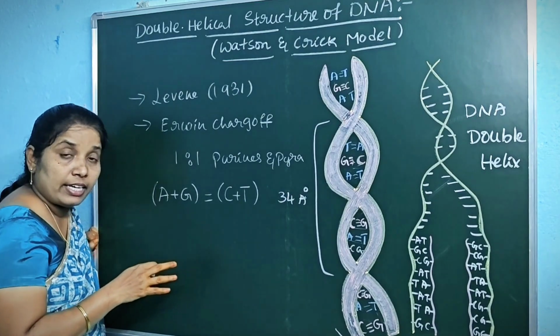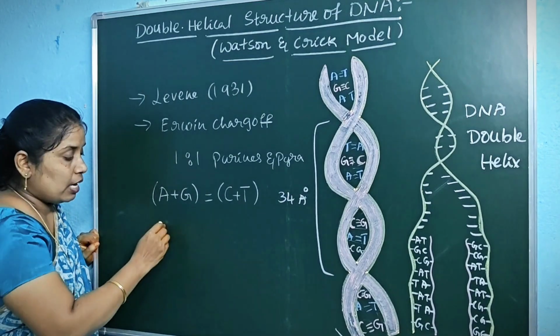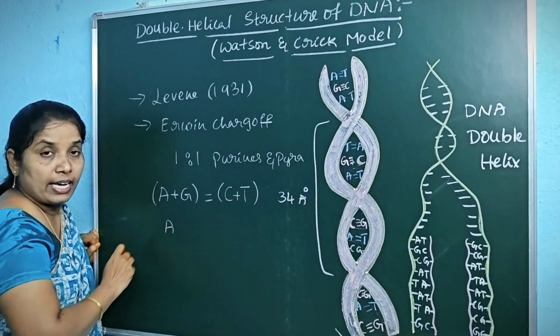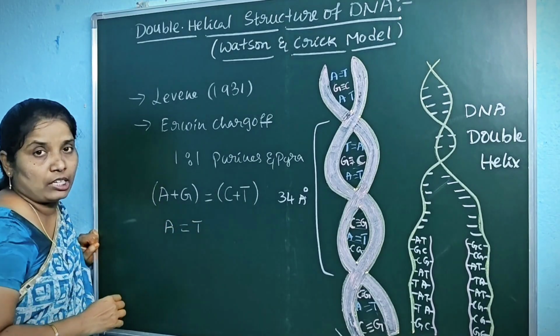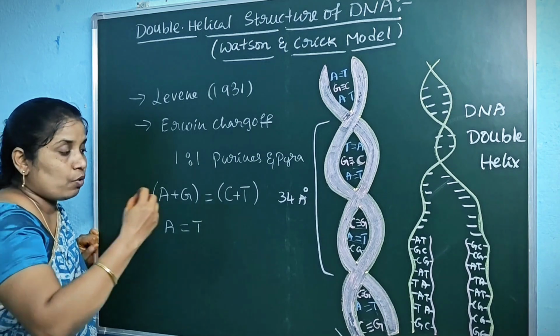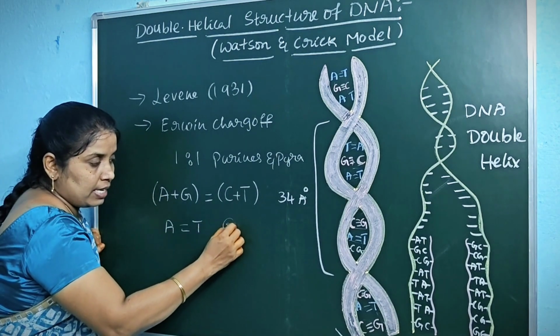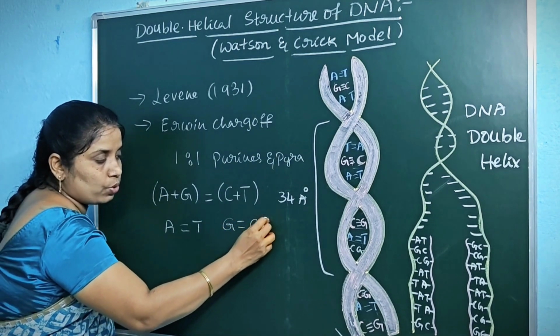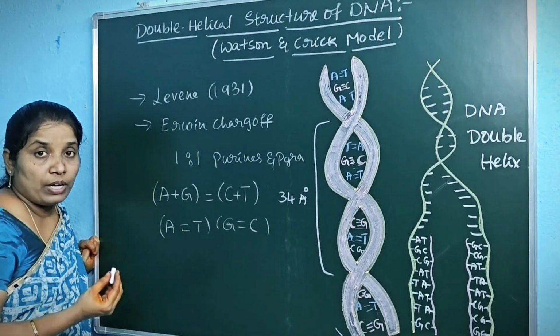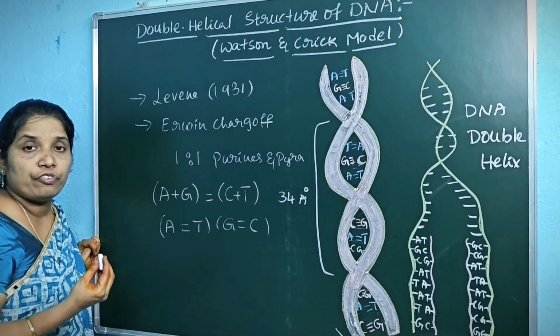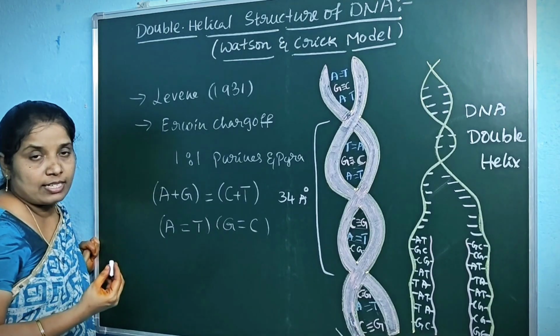Not only that, he also proposed that the quantity of A is always equal to the quantity of T, and the quantity of G is always equal to the quantity of C. This rule is popularly known as Chargaff's rule of molar equivalence.